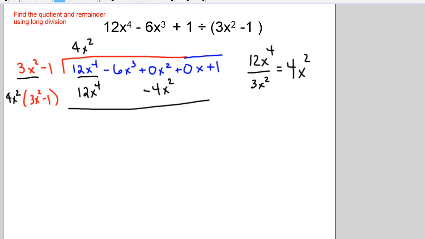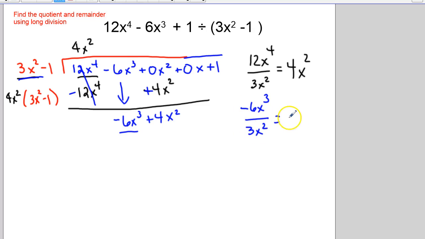Don't worry. Now I'm going to come through and change my signs. This becomes negative, this becomes positive. That guy goes to 0. So I should drop down my minus 6x cubed term, and I should drop down my x squared term. All right, I'm going to take negative 6x cubed, and I need to figure out how many times 3x squared goes in there.